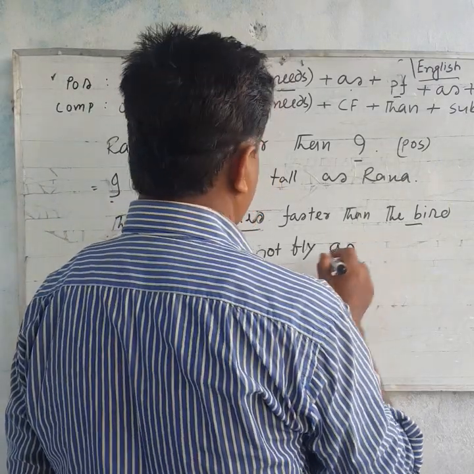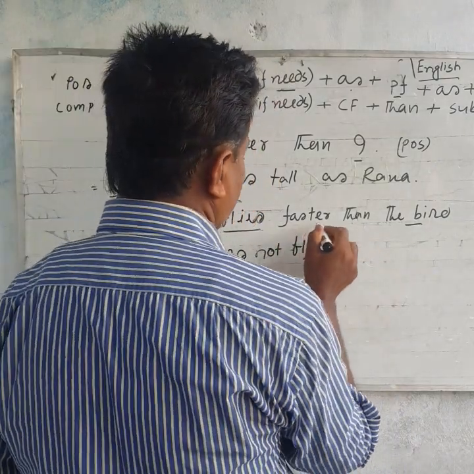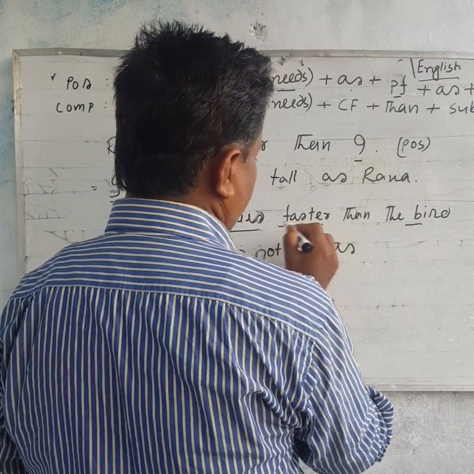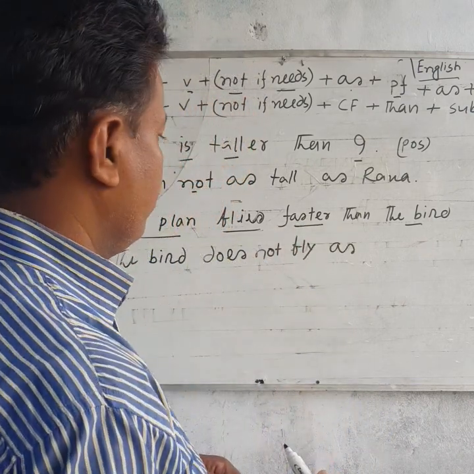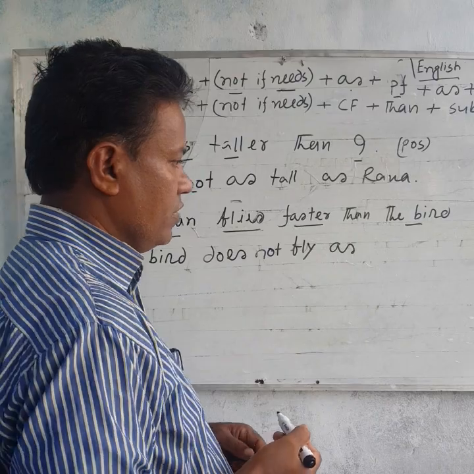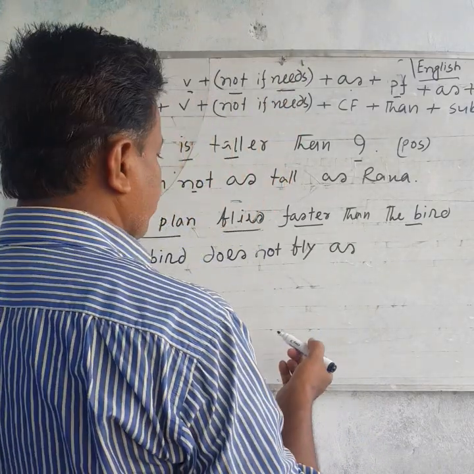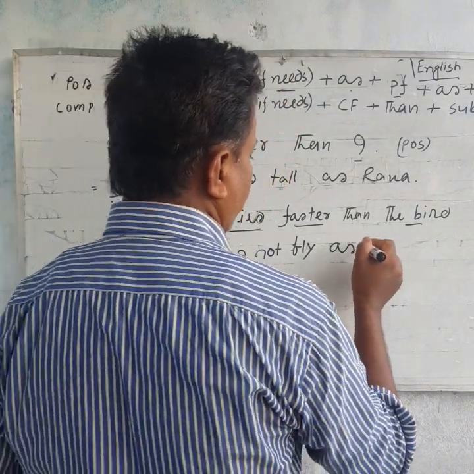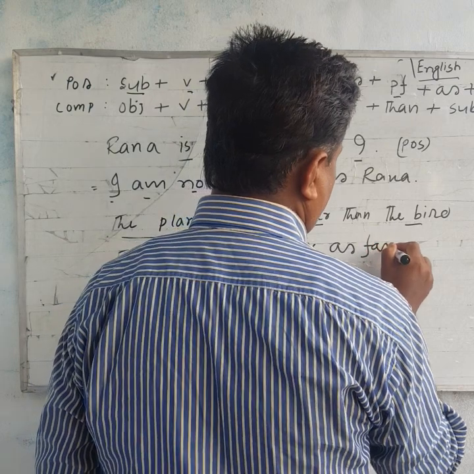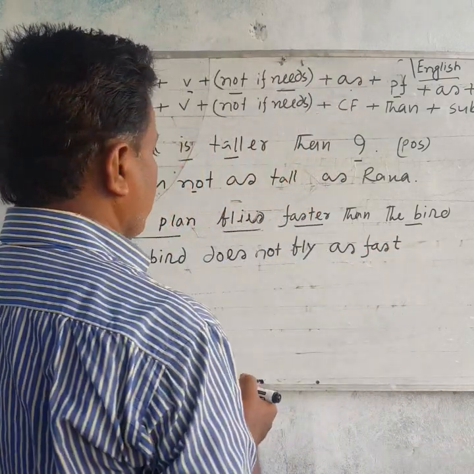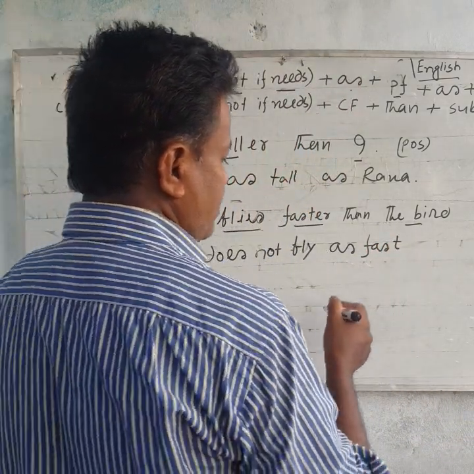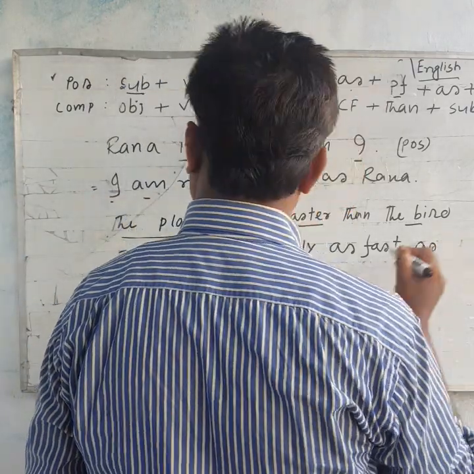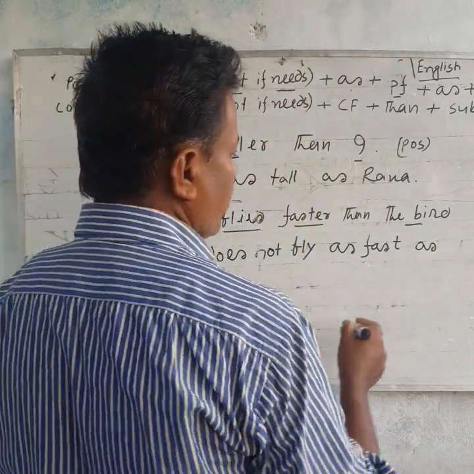As for the form faster, the comparative form, the positive form will be fast. The bird does not fly as fast as the plane.